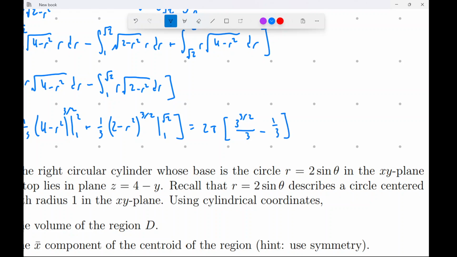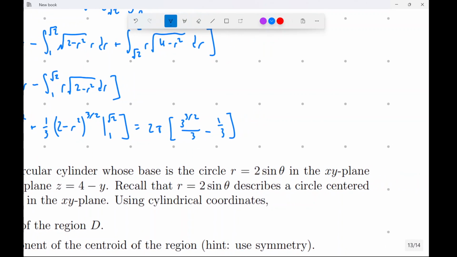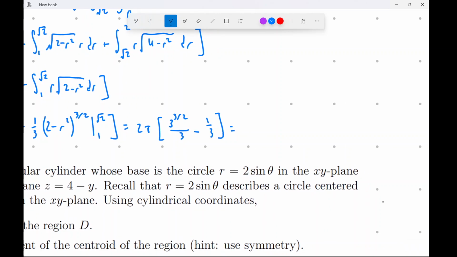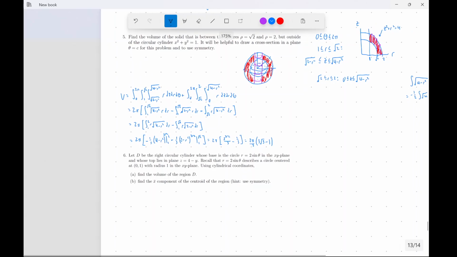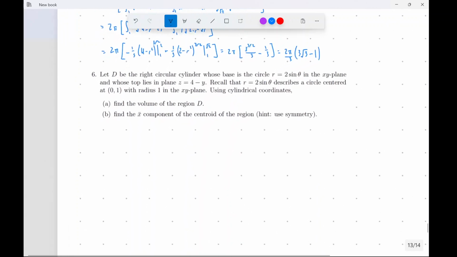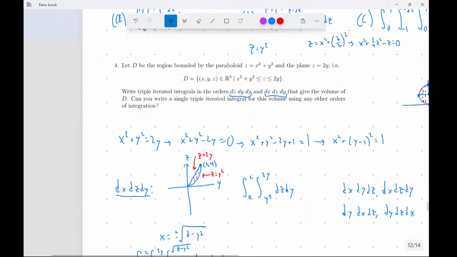Okay, I did the mental math wrong for a second. I'm like, oh no, I messed up. Okay, so that's 2 pi over 3 times 3 root 3 minus 1. And that is our final volume. I think this one's probably the most involved one of this worksheet, but it's a good problem to work through once.